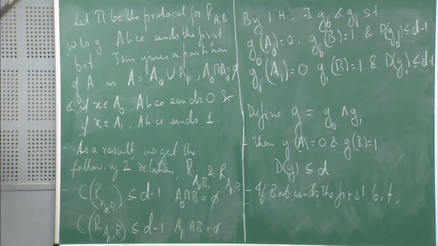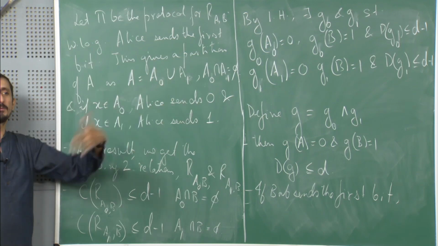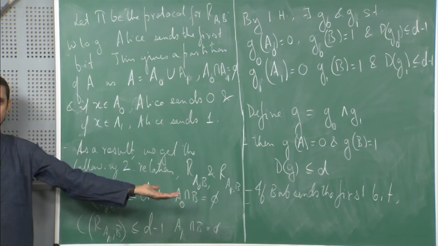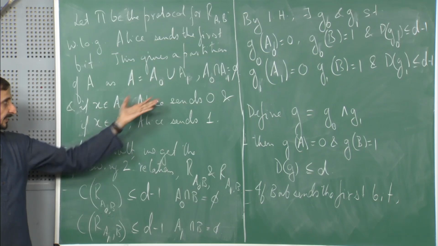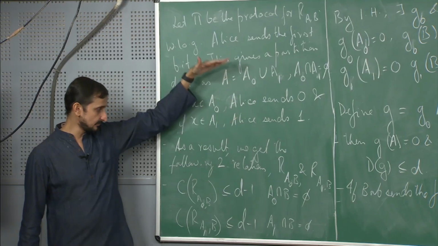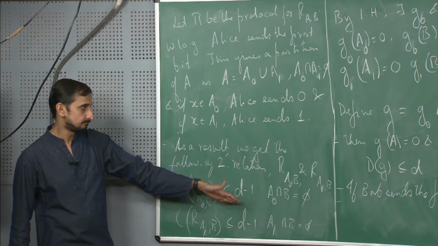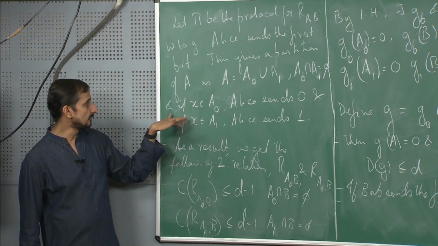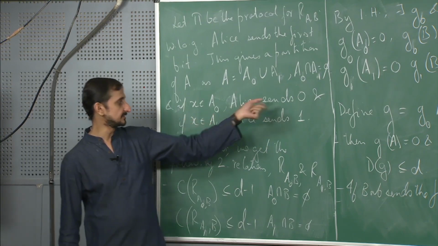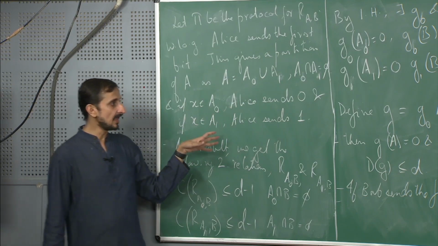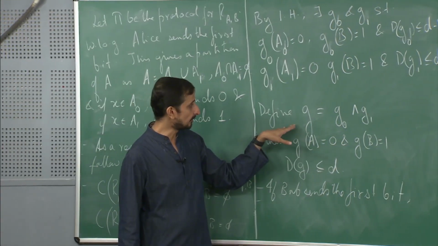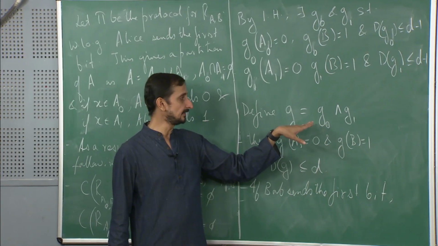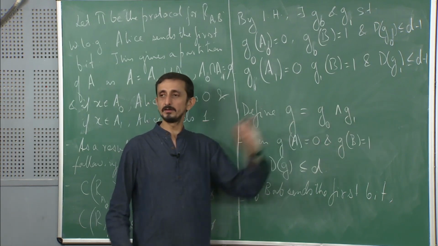So now instead of A, B is actually getting split, because it is Bob who is taking the decision. So we have a partition of B into B0, B1. Everything else is the same here. So now if X belongs to B0, Bob sends a 0, else Bob sends a 1.